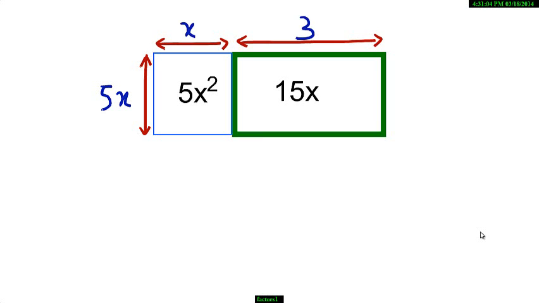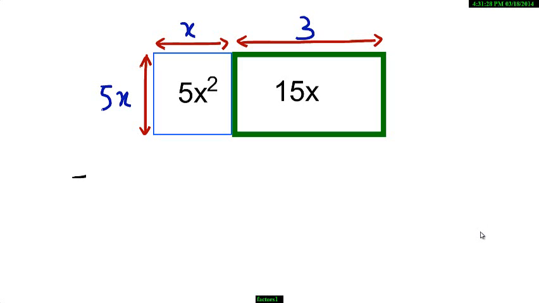Now, can you write the area of the big rectangle in terms of the sum of the areas of each algebraic tile? Also, can you determine the area of the same rectangle in terms of the product of its length and breadth?